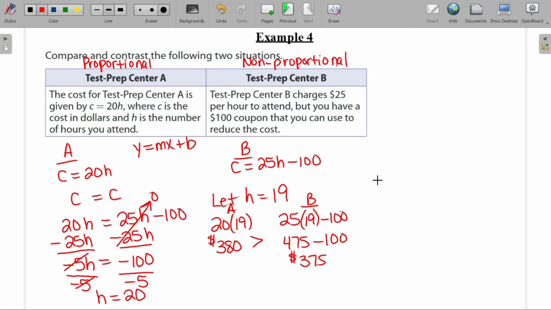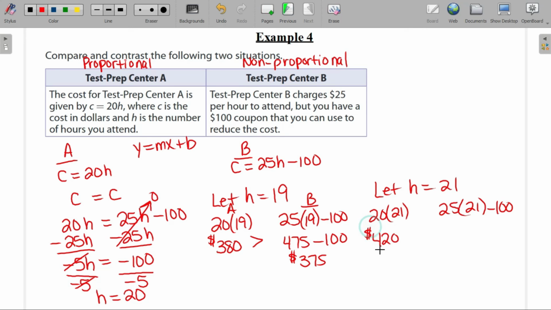Now, what happens when we have more than 20 hours? We're going to let h equal 21. I'm going to do the same thing, but this time replace the h in each of the cost expressions with 21. So we have 20 times 21, and then 25 times 21 minus 100. When I take 20 times 21, that gives me exactly $420.